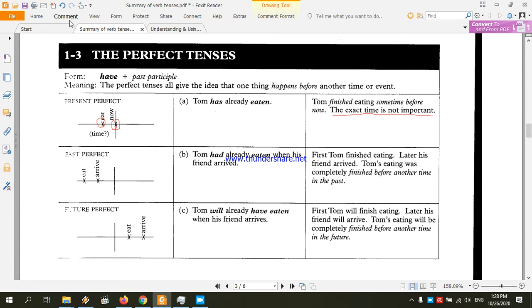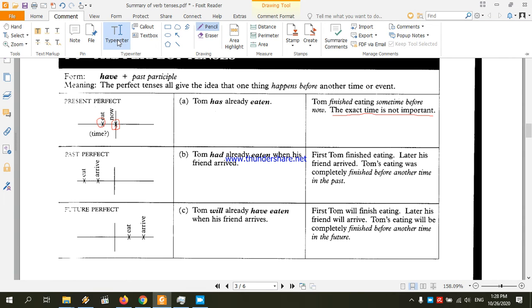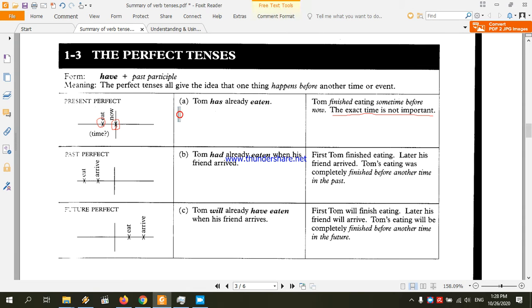Alright. So the form is, let me write the form. Subject plus has or have plus verb plus ed. When I say verb plus ed, it means the verb in the third form or the past participle.